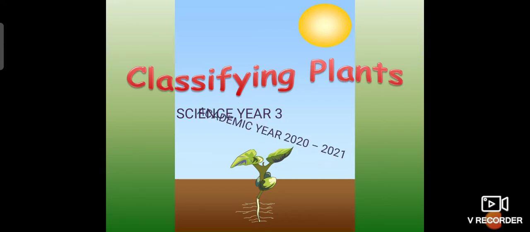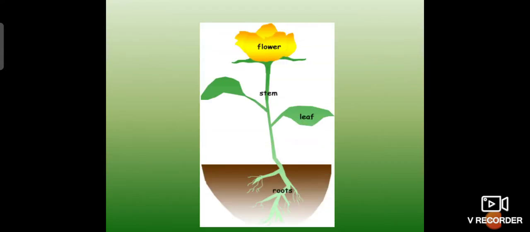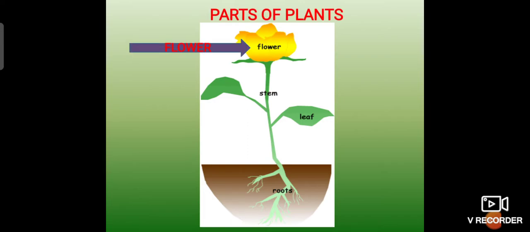Today in term 2, we learn about classifying plants. Now, we remind ourselves about the parts of plants. Look, this is the most beautiful part of the plants. It's usually colorful and very attractive. We call it the flower. The second part is the stem.